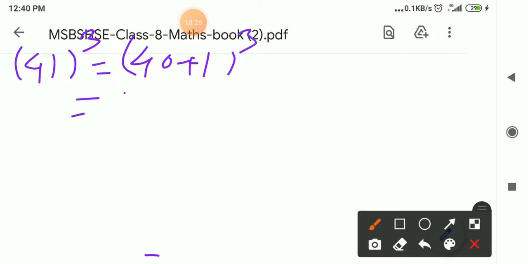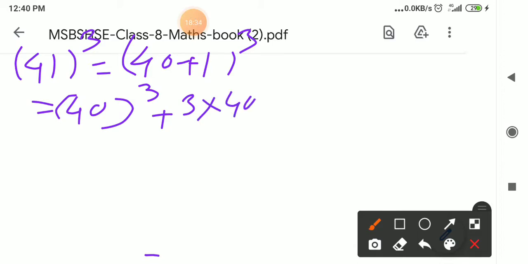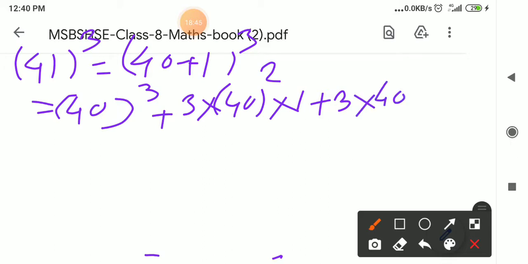According to formula, first term's cube means 40's cube, plus 3a square b, a is here 40, so 3 into 40 square into 1, plus 3ab square, 3a means 40 and b square means 1 square. Then plus 1's cube means b's cube.